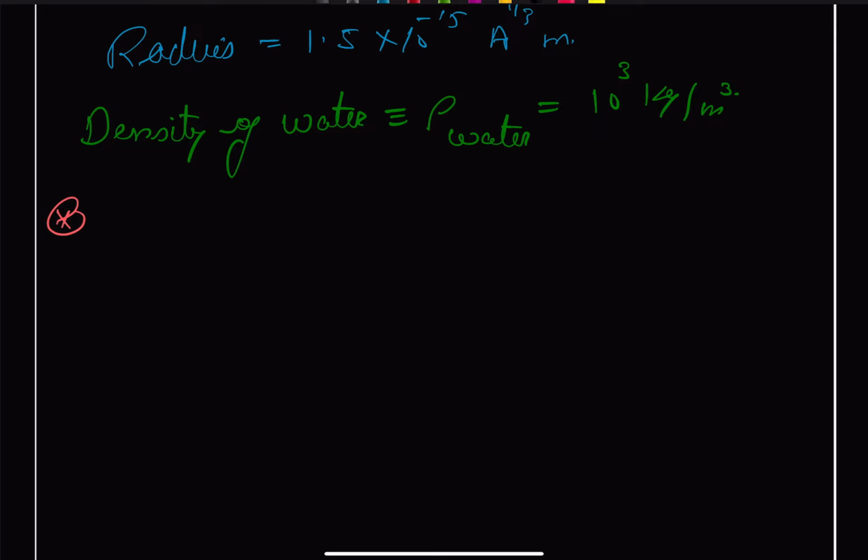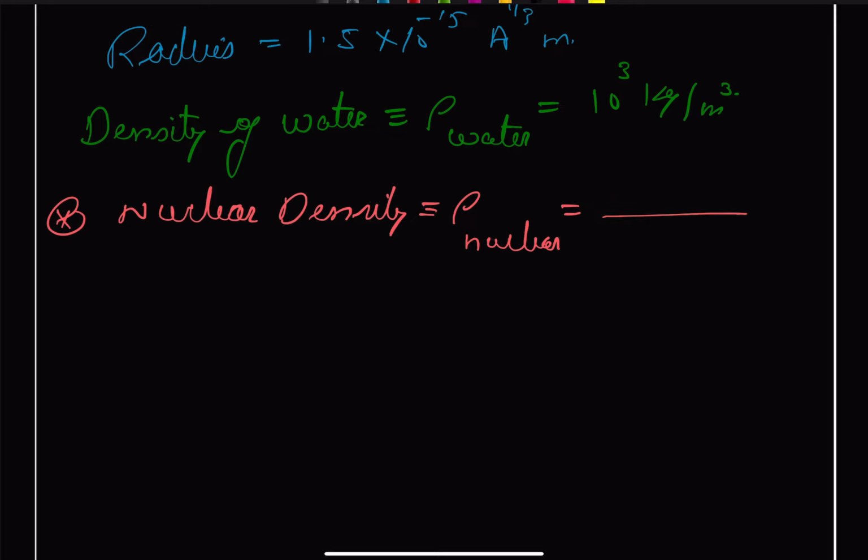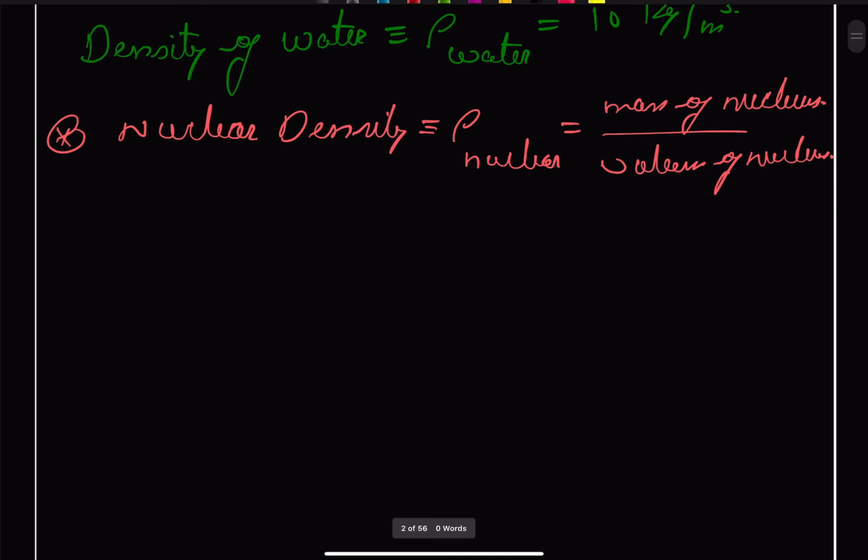So we can say that our nuclear density, let us suppose that is given as rho nuclear, will be equal to mass of the nucleus divided by volume of the nucleus.